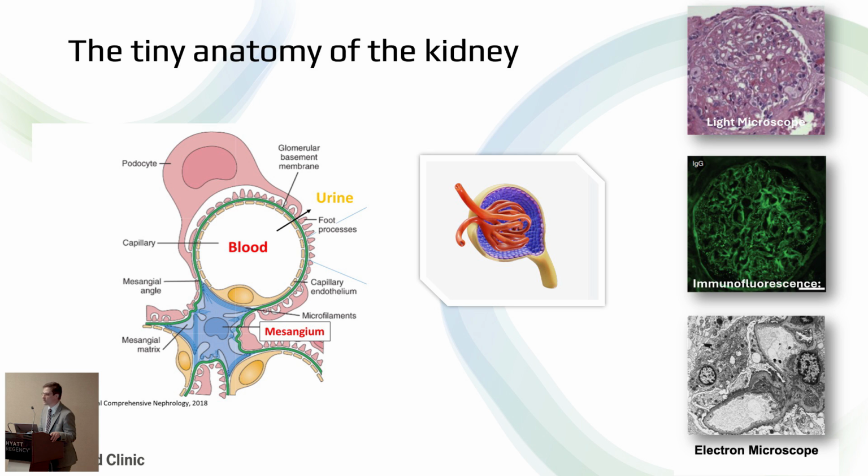So when you get your kidney biopsy and you send it to the pathologist, they're going to look at your kidney in 3 respects. With a light microscope and some staining, and this is literally just the same image, just stained. Then they're going to use immunofluorescence, which is a way we use antibodies to bind to the kidney and light up in certain places. That pattern of light tells us what's going on.